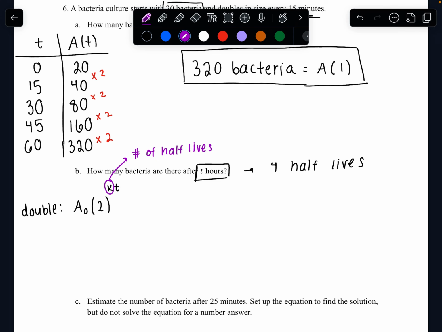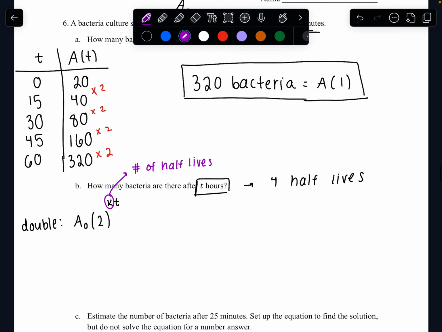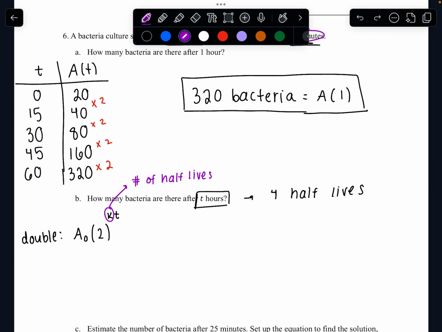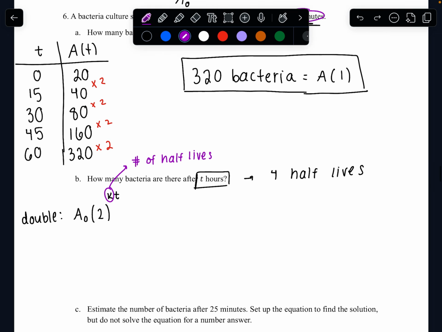So it's like the conversion number. Our half-life was given to us in 15 minutes, but I need hours. How many times does 15 occur in 1 hour? 4. So that's what that K value is.